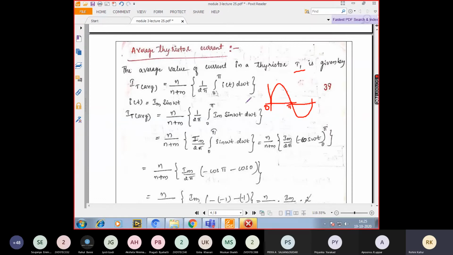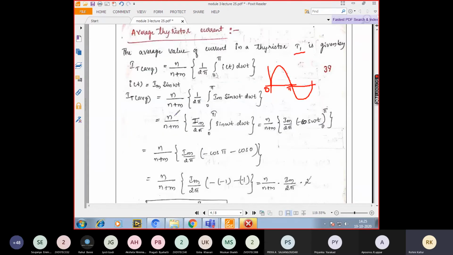Then the limit for your integration is 0 to pi. This is because every thyristor T1 or T2 conducts for a duration of 0 to pi. Then n divided by n plus m, 1 by 2 pi, 0 to pi Im sin omega t. Okay, following till here, till this step?